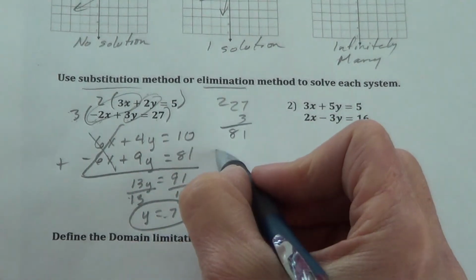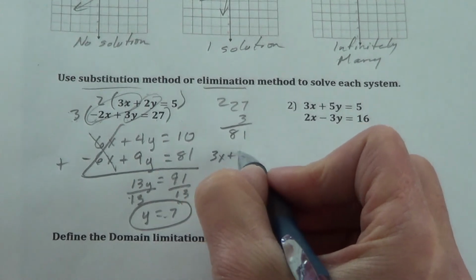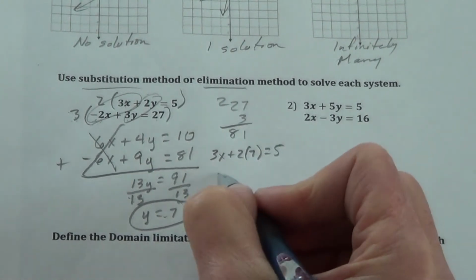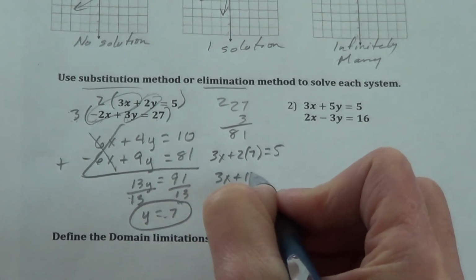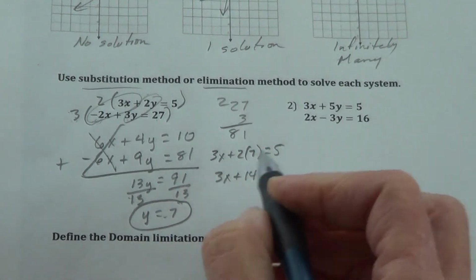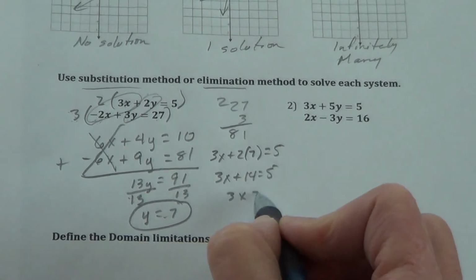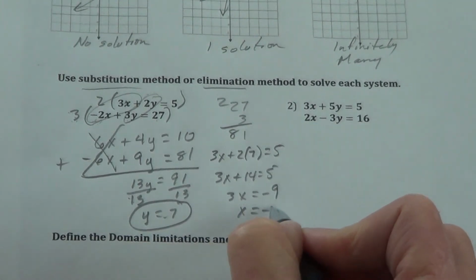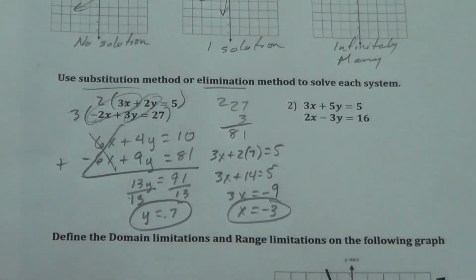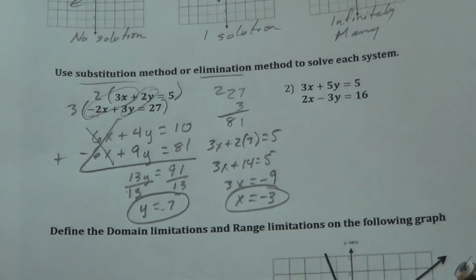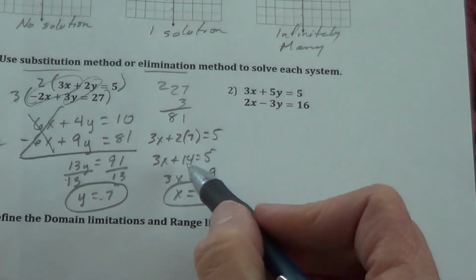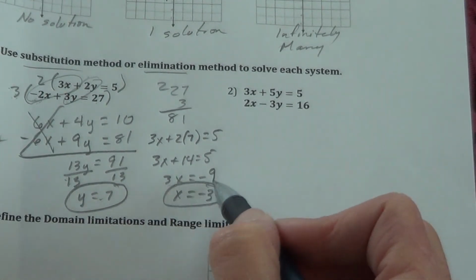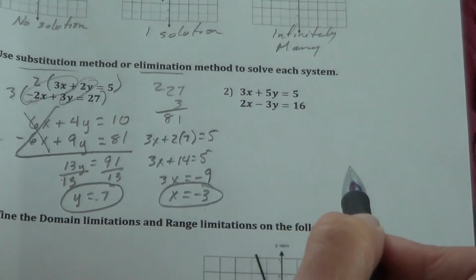I'm just going to choose that first one, 3x plus 2 times 7 in place of y equals 5. 3x plus 14 equals 5. 3x equals negative 9. x equals negative 3. See me if you're having trouble following how I did that. Basically, I subtracted the 14 from 5, got negative 9. Divided each side by 3, got negative 3.